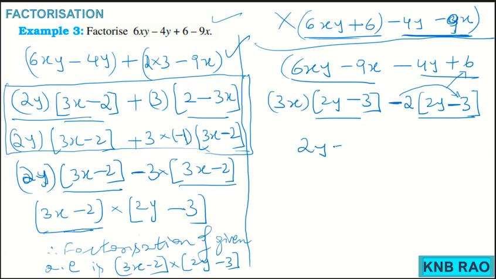So, binomial 2y minus 3 into the leftover 3x and the leftover minus 2. So, the binomial 2y minus 3 into 3x minus 2 gives us the factorization of the given algebraic expression by the technique of regrouping terms.